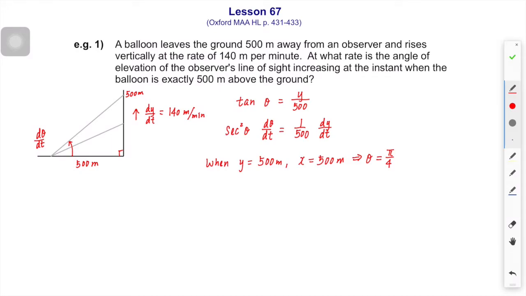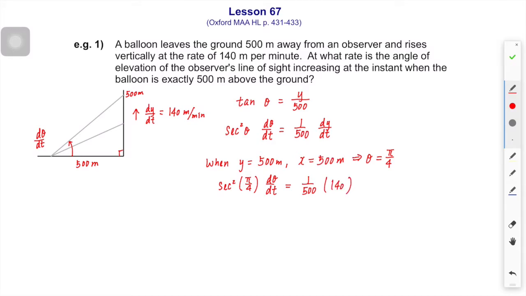Using this information, we substitute into secant squared of pi over 4 times d theta dt equals 1 over 500 times dy by dt, and we know that this is 140 meters per minute.